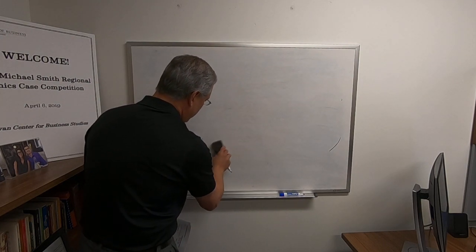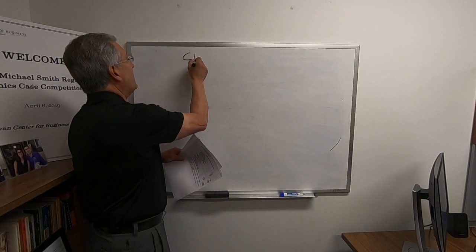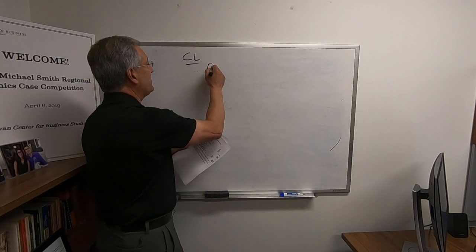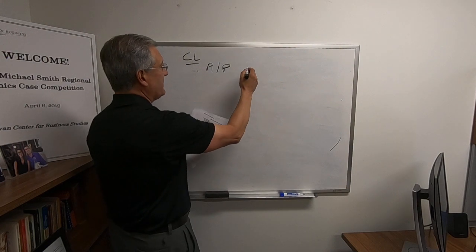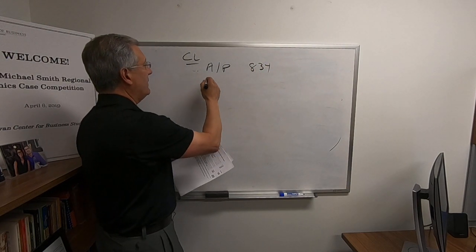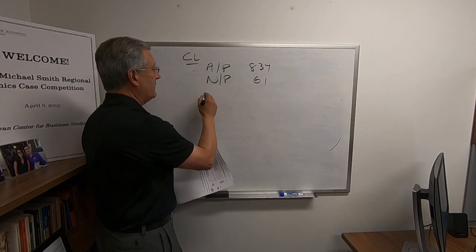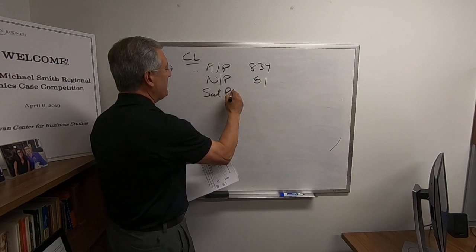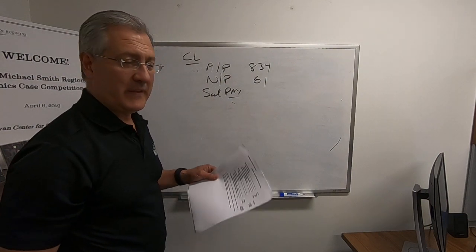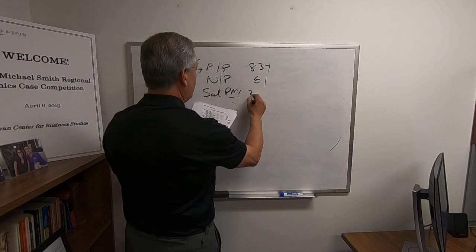Let's take a look at the liabilities and the owner's equity. We have our current liabilities. I always like to list accounts payable first, $834. Notes payable, $61. We have some salaries payable, don't confuse it with the expense, of $222.